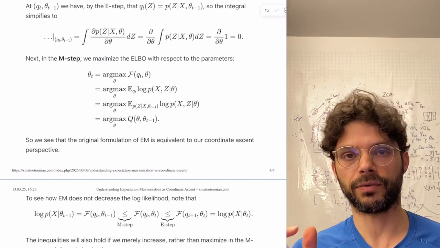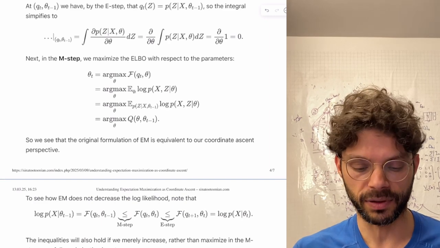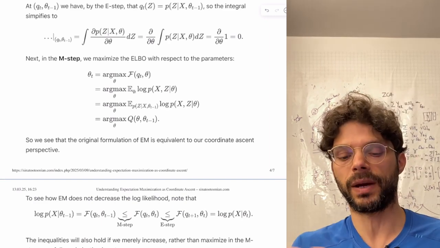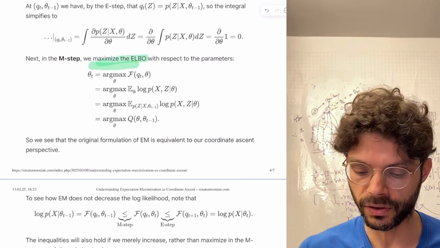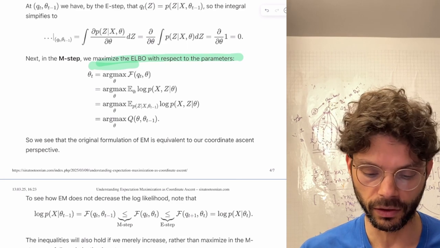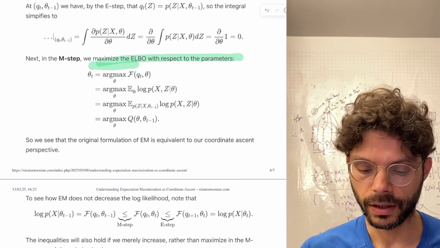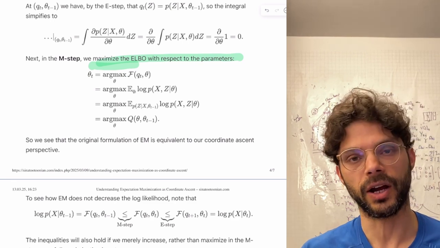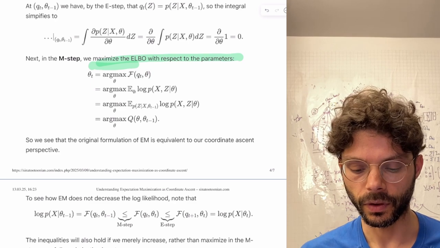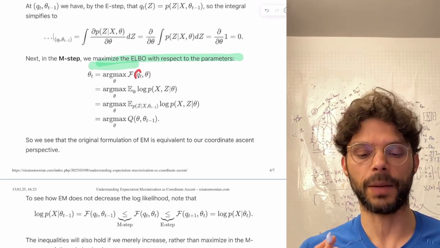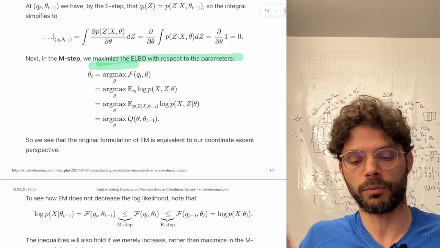Okay, so now we get to the M step. We maximized with respect to Q, and now we want to maximize the ELBO with respect to the parameters. So we're going to maximize this variational distribution now with respect to theta. Q is now set to its distribution given the previous set of parameters.